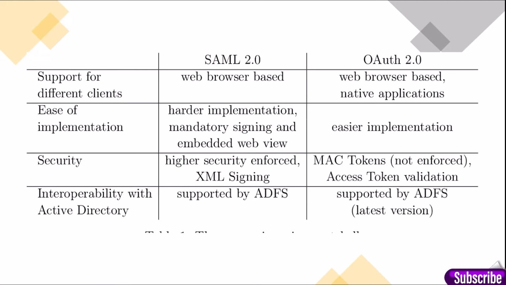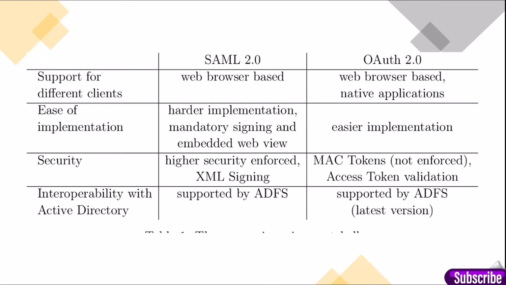Now let's quickly see the exact difference between SAML and OAuth. So SAML is browser based, and OAuth is used for native applications as well. Now, which is easier to implement? SAML is a harder implementation, with mandatory sign-in and embedded web view, and OAuth is easier to implement.